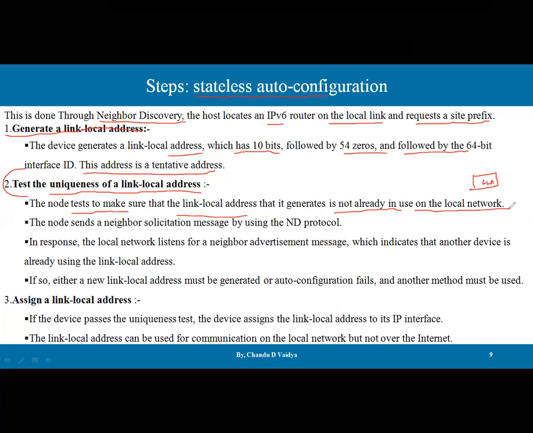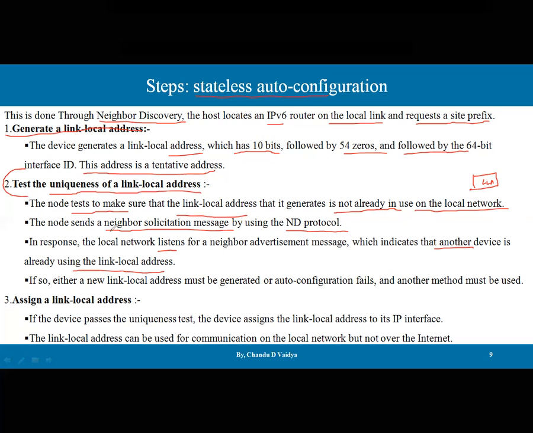So we have to check the uniqueness. Is it already available in the local network? The node sends a neighbor solicitation message using the ND protocol. In response, it listens for a neighbor advertisement message, which indicates that another device is already using the link local address.